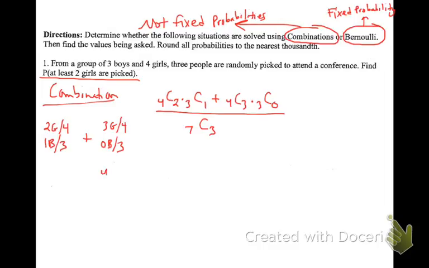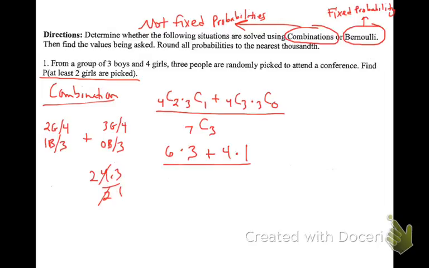Okay, so let's go ahead and calculate what this is going to be. 4c2 is 4 times 3 divided by 2 times 1. So let's cancel the 4 to make it 2. 2 times 3 is 6. 3c1 you should know by now is just going to be 3. 4c3 is the same as 4c1, which is 4. And 3c0 is 1. Anything with an r value of 0 is always going to be 1.